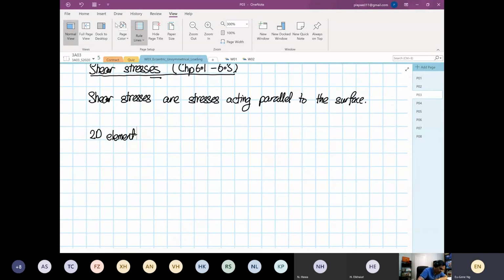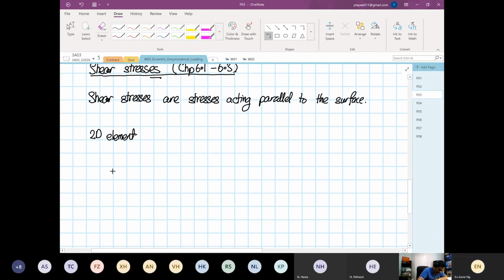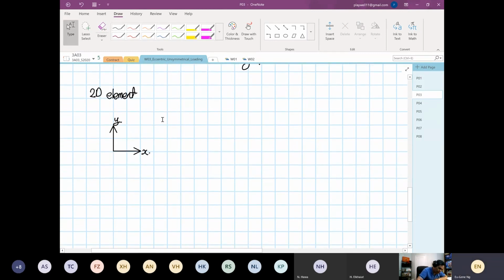So likewise, we have our transformation. This is X, this is Y. So we could construct the element. If we were to draw an arrow doing this, this is the shear stress on the plane intersecting the x-axis multiplied by the direction of the force, so the direction of the stress.